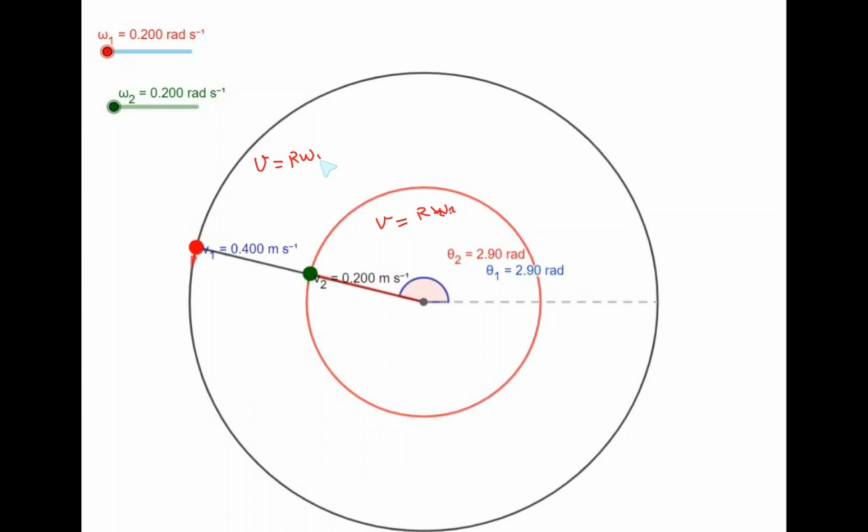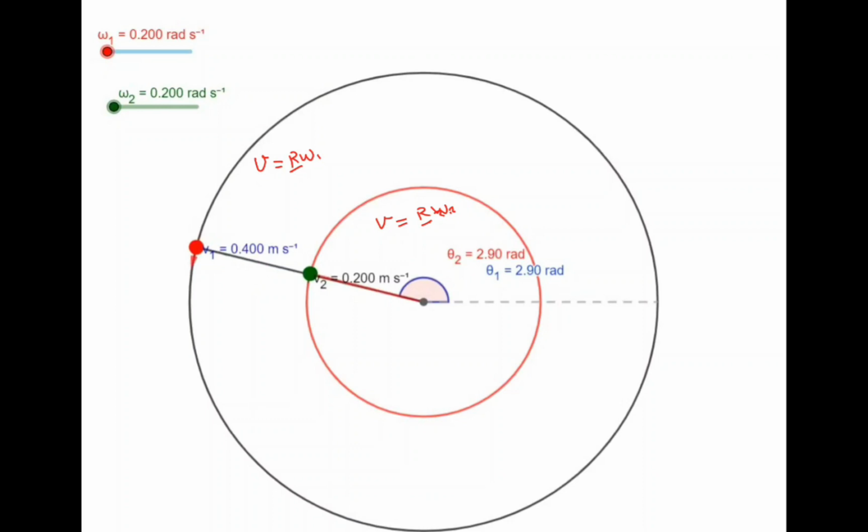Now omega is the same. The only difference here is the radius of the circular path. The radius for the green one is fixed, so the velocity is equal to 0.2 meter per second, and it's not changing. And the velocity for the red one is 0.4 meter per second, and again it's not changing because the radius is constant.